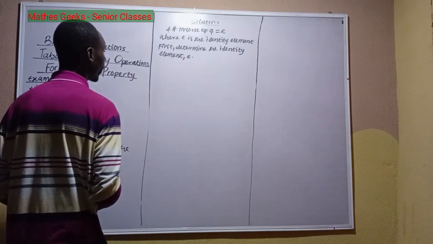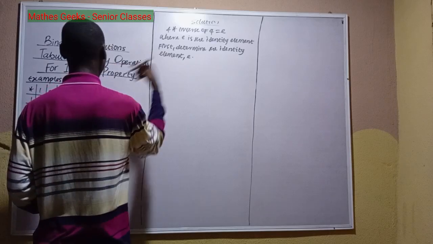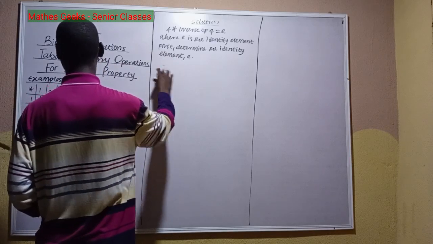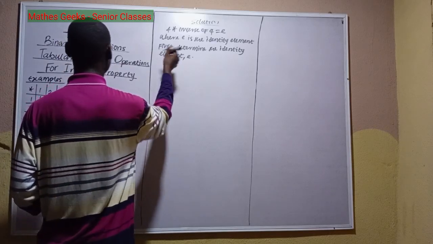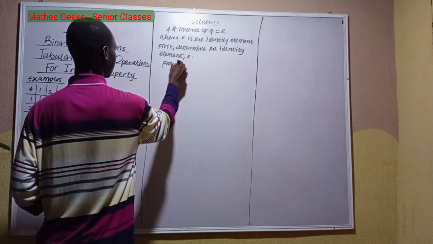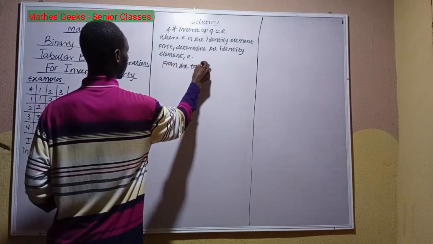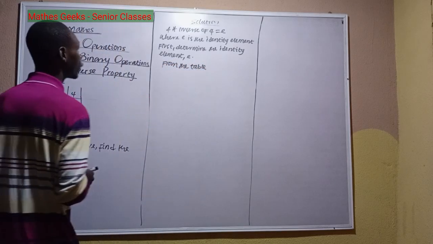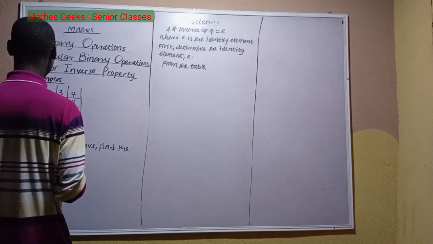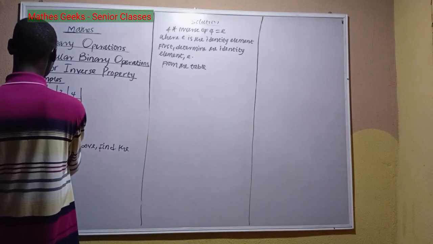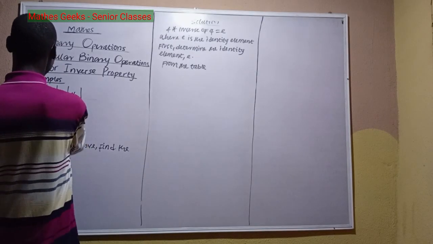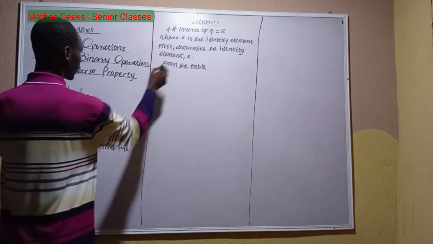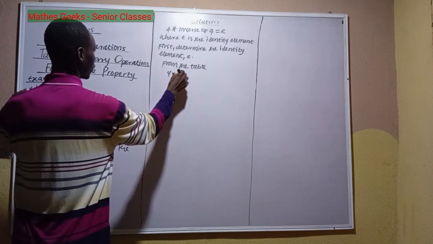To do that, from the table, I am using this column against this row. So 4 operation 4 star 1.